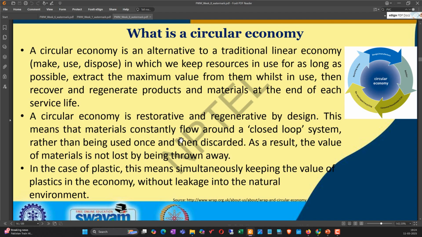So if you see, the circular economy is restorative and regenerative by design. This means that material constantly flows around a closed loop system rather than being used once and then discarded. That was the part of the linear economy. Here you are not discarding, rather you are trying to get the maximum out of it.